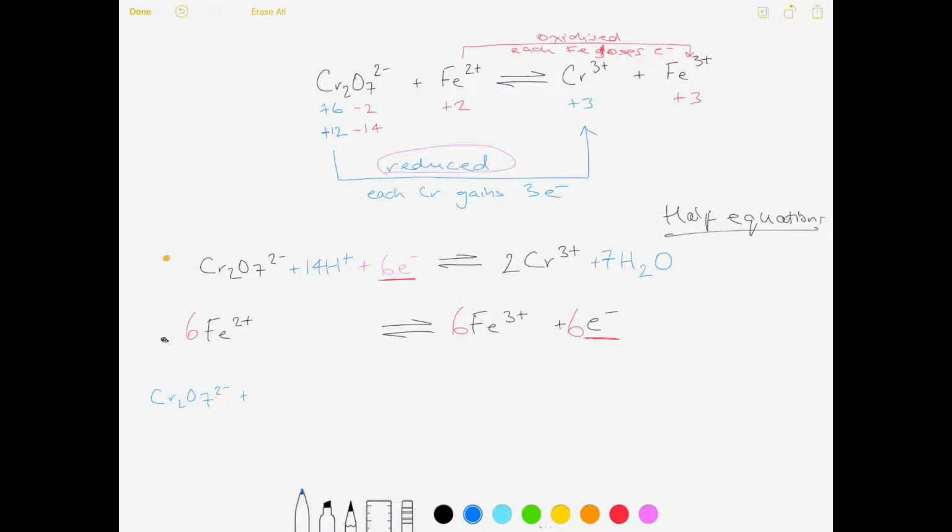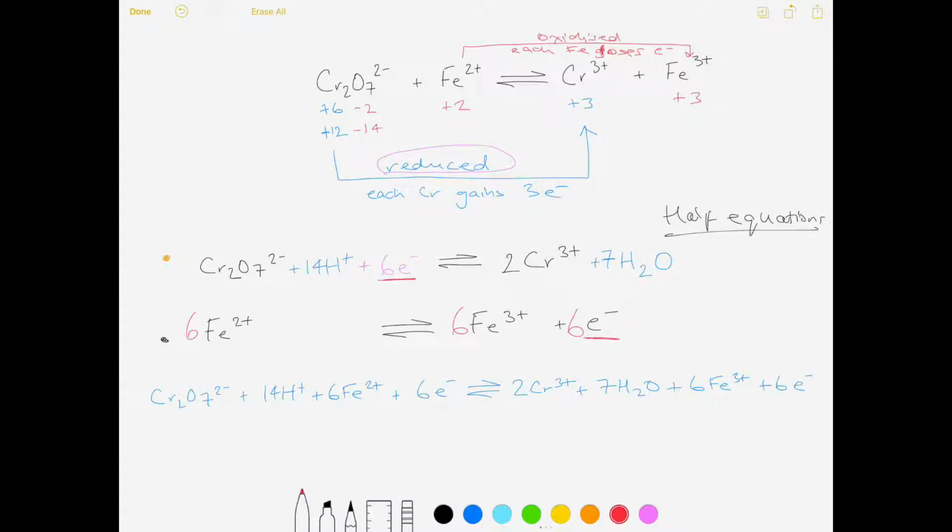Cr2O7 2- plus 14H+ plus 6Fe2+ plus 6 electrons. That forms 2Cr3+ plus 7H2O plus 6Fe3+ and 6 electrons.